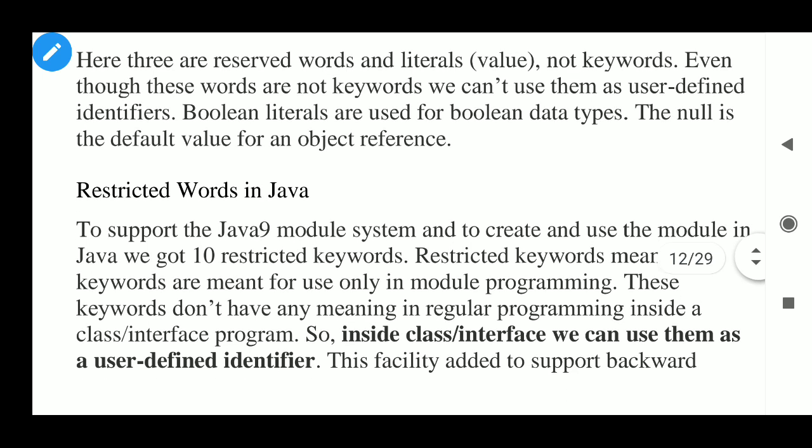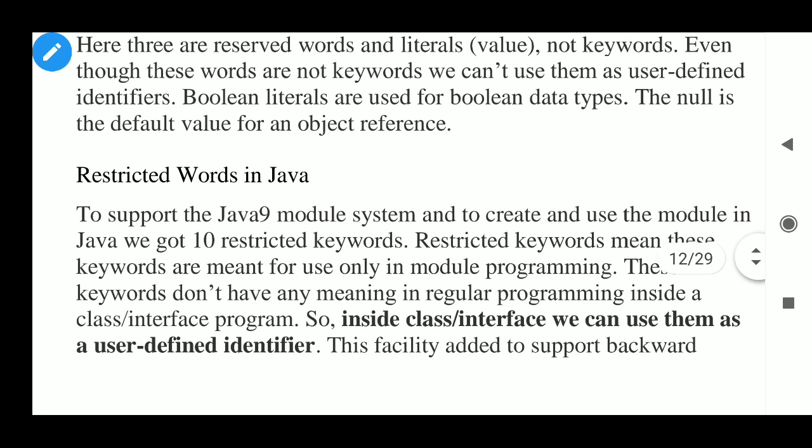Now, restricted words in Java. To support the Java 9 module system and to create and use modules in Java, we got 10 restricted keywords. Restricted keywords mean these keywords are meant for use only in module programming. These keywords don't have any meaning in regular programming inside a class or interface.